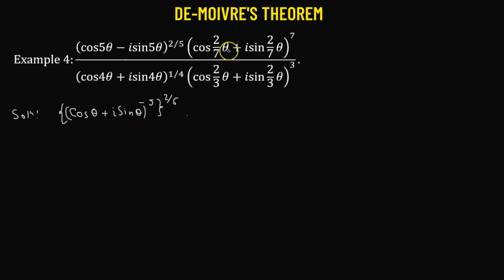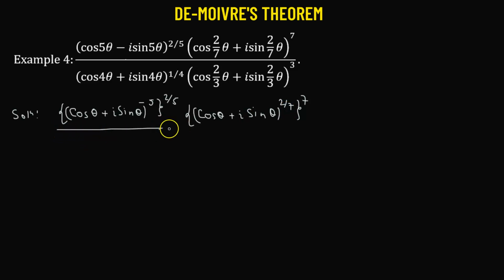So we have cosine of 2 over 7 theta plus iota times sine of 2 over 7 theta. This will become (cosine of theta plus iota times sine theta raised to the power of 2 over 7) whole raised to the power of 7.